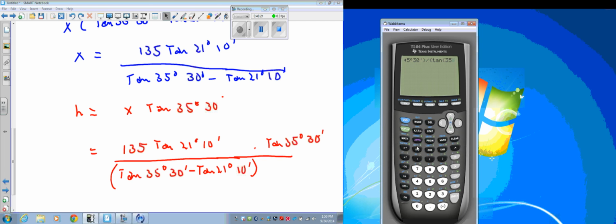35 degrees, 30 minus 10, and close my bracket.